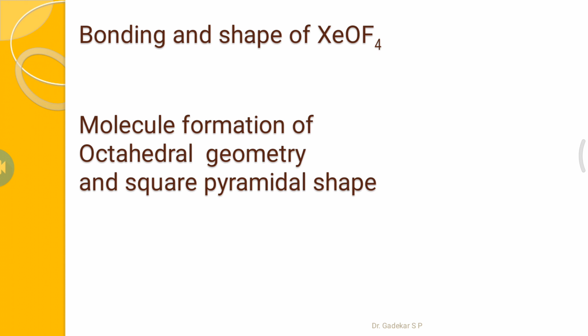This XeOF4 forms a square pyramidal shape. Why? Because 4 fluorine and 1 oxygen, that is 5 bond pairs, are present surrounding the xenon, and they form a square pyramidal shape.